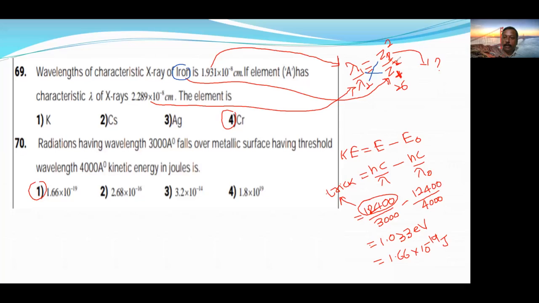So iron means the Z value will be 26, and its wavelength lambda 1 is 1.931 into 10 to the power of minus 8, and lambda 2 is 2.289 into 10 to the power of minus 8, and Z2 you have to find out. If you find it out, you will get the answer as 24. Therefore, the element will be chromium.